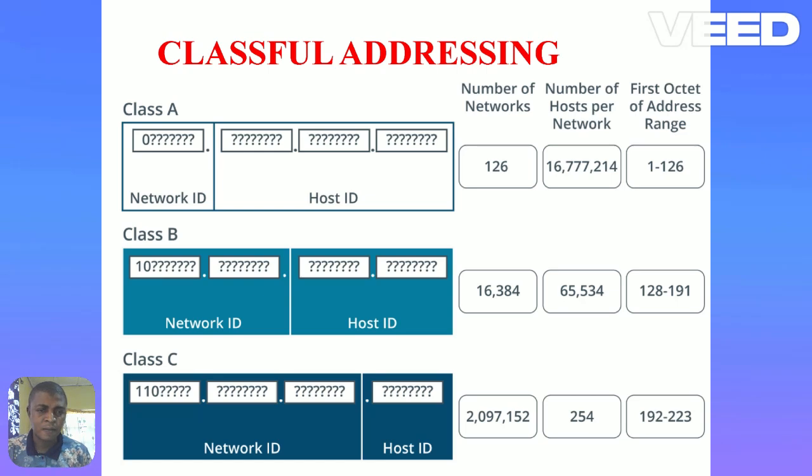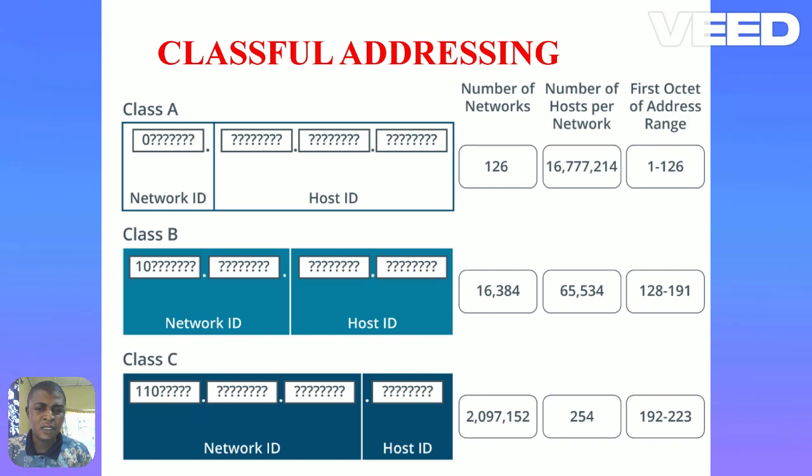The number of hosts is greater than the number of networks. So the number of hosts per network is 16,777,214. The first octet of the address range is from 1 to 126. So that is what you can assign.